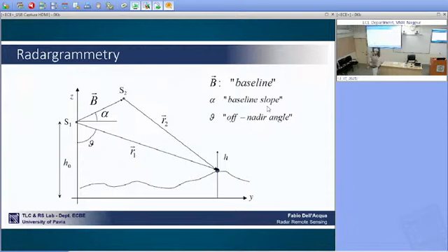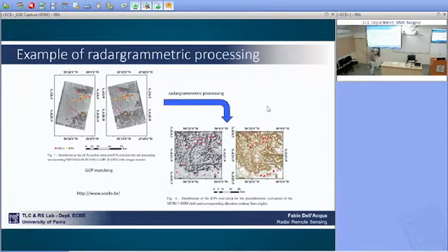You can improve it a little bit. There's a discipline called radargrammetry, which does exactly that. It tries to optimize the measurement of the height, and so you can combine different radar images to come up with a 3D representation of the area which is being imaged.